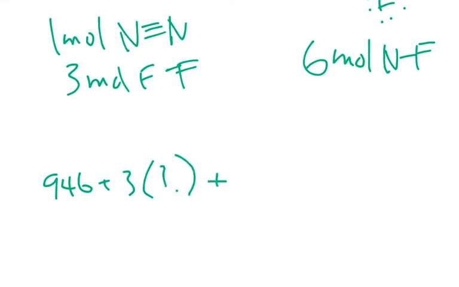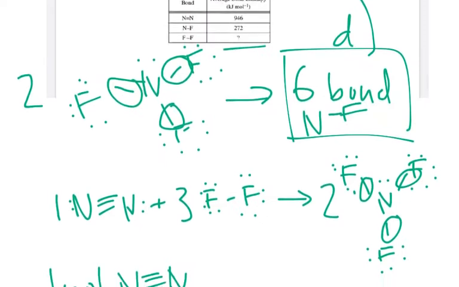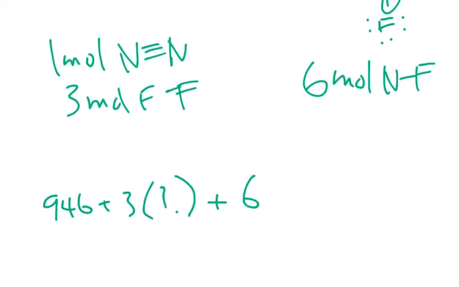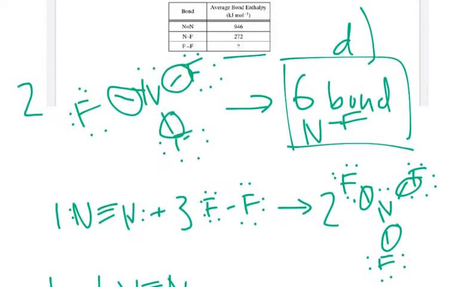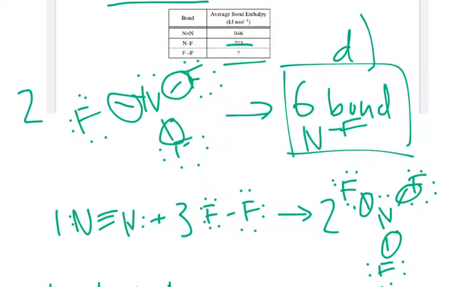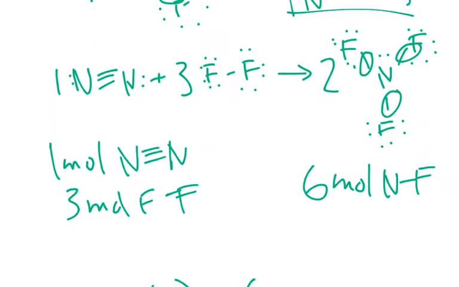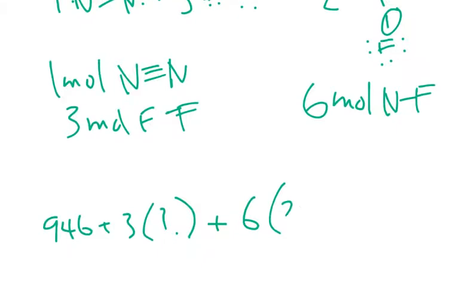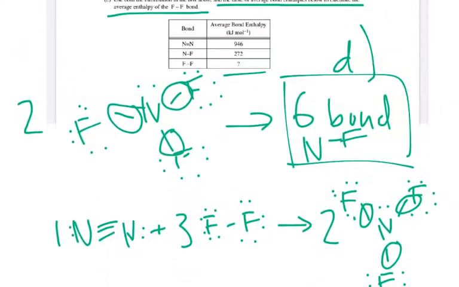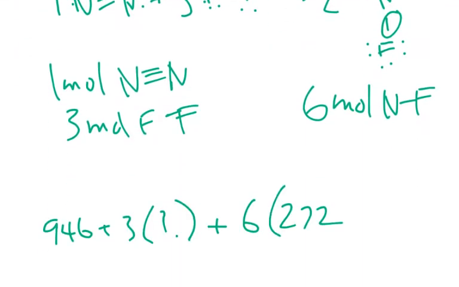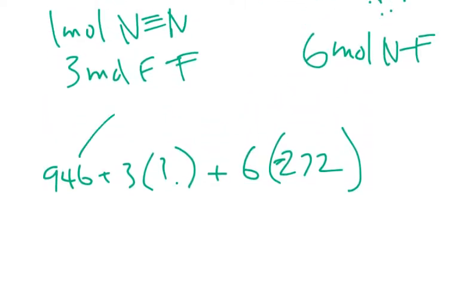And we have to add it to the products now. Now for the products, we have 6 moles of NF bonds, and each NF bond has a bond enthalpy of 272 kilojoules per mole, so 272. But remember that bonds are being formed, so this should be a negative number. And these are the positives, and this one is a negative.